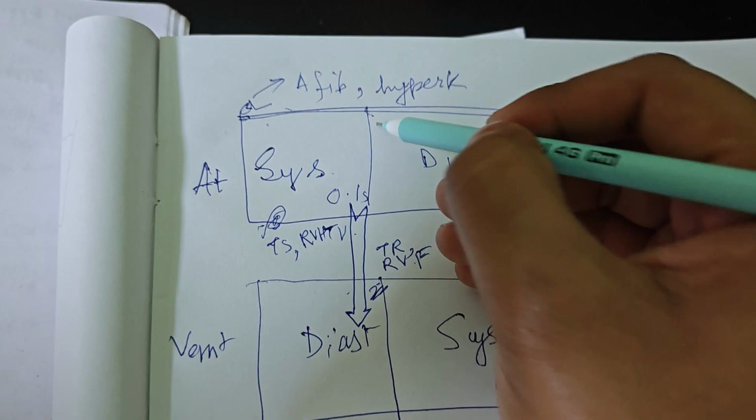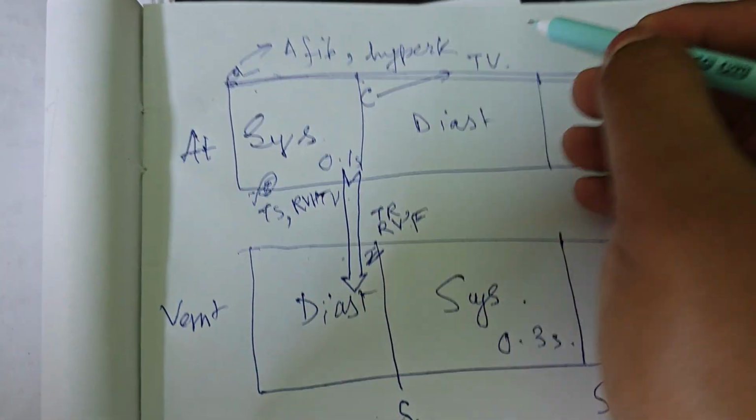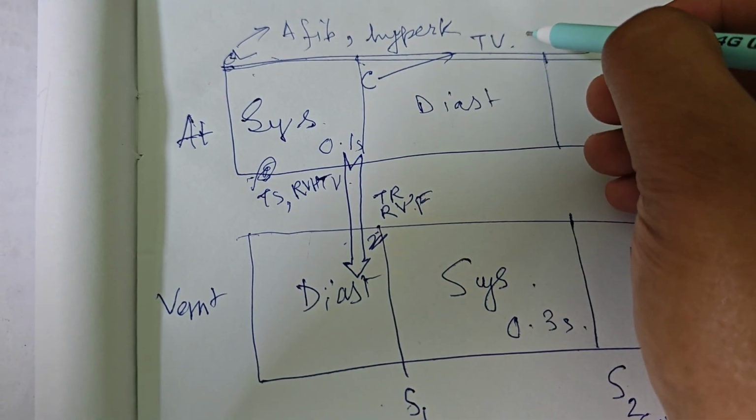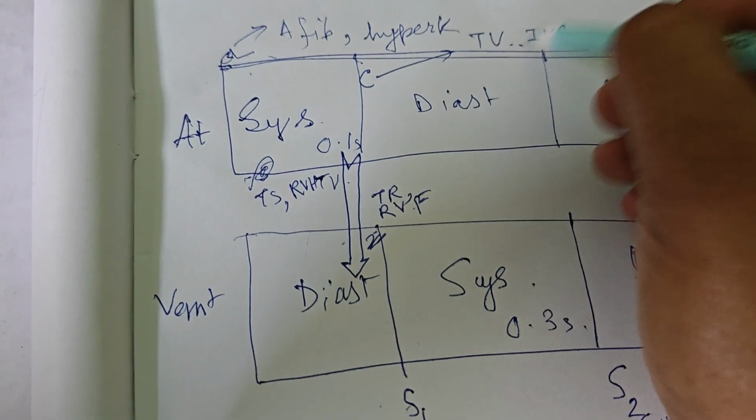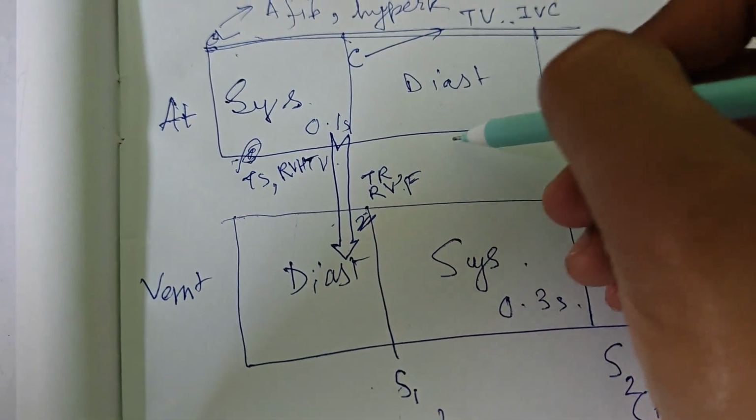Then we are moving on to the C wave, which has not much to speak about. C wave is due to the tricuspid valve bulge during IVC. What is IVC? I mean the isovolumetric contraction phase. Not much to speak about it. Then, like your X descent, there's an X dash descent as well.